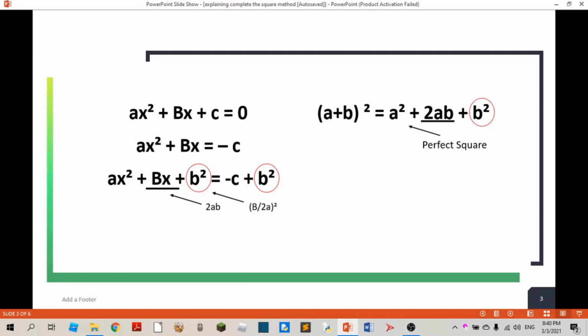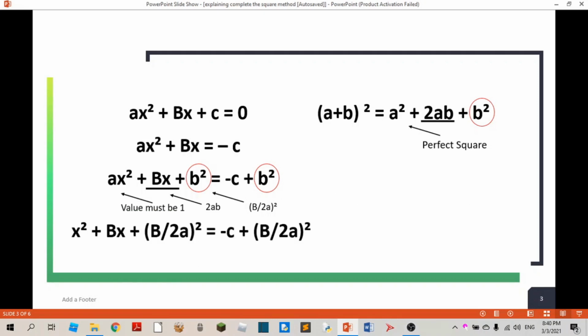Oh, by the way, the value a must be 1 in order for the method to work. Since 1 multiplied by x squared is x squared, we will just write it down as x squared. Big Bx is still the same, while b is replaced by big B divided by 2a. Same goes for the other side.